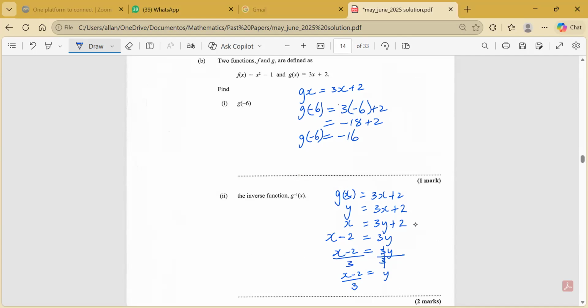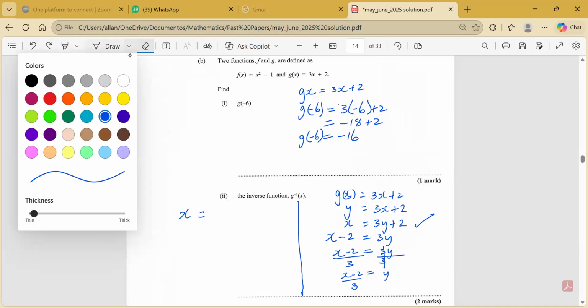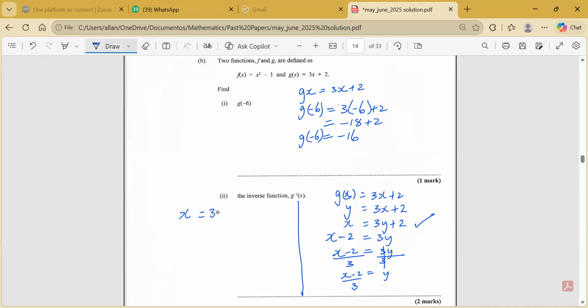Or when you get to this point, I'm showing you another way, like what Udia did. She took the 3y on the other side.